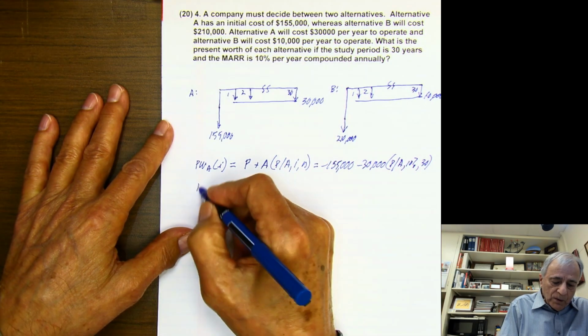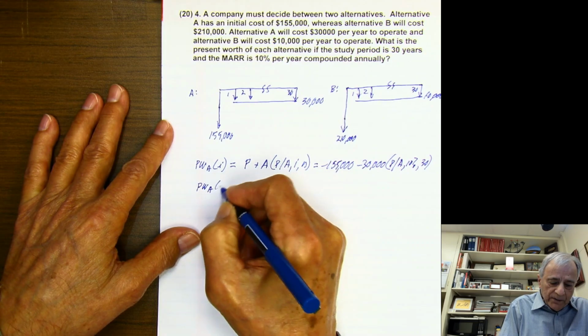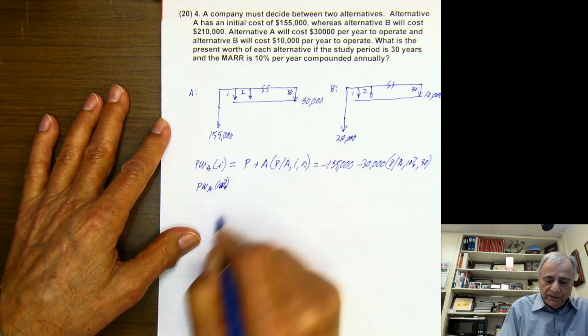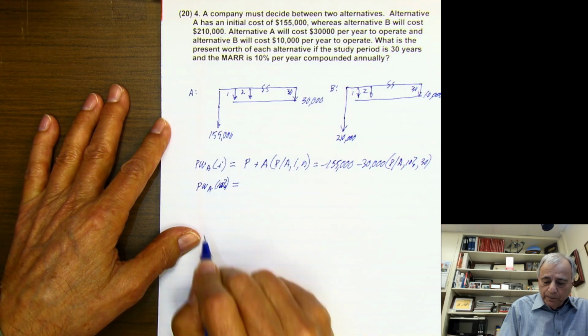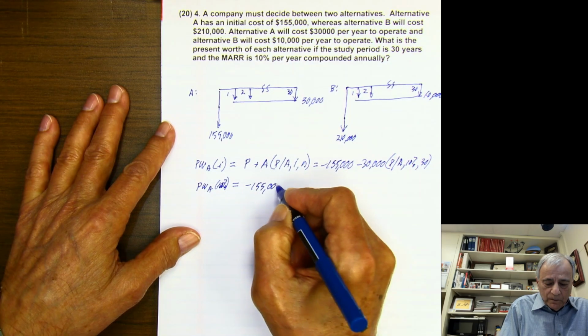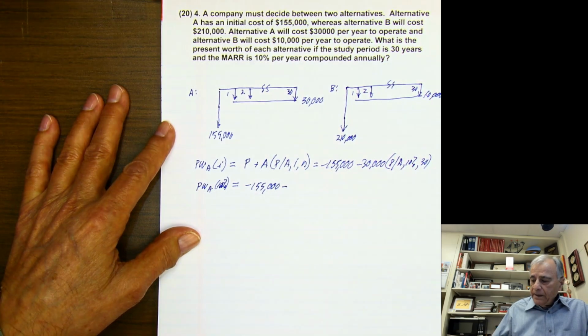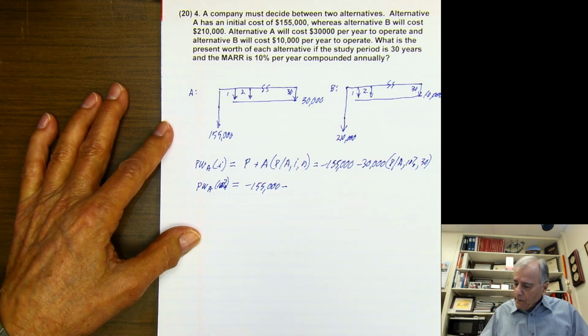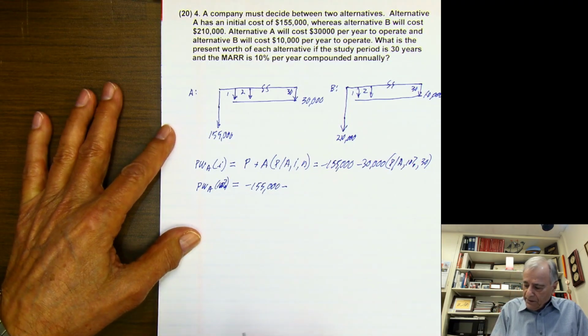So the present worth of A at 10%, now we'll put in the specific values, is equal to minus 155,000 minus, let's see, 282,807.